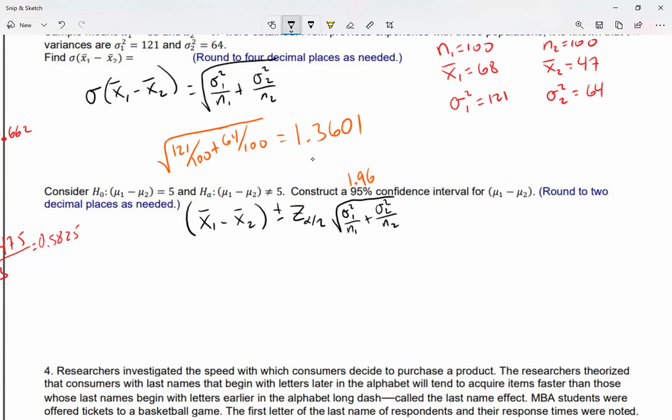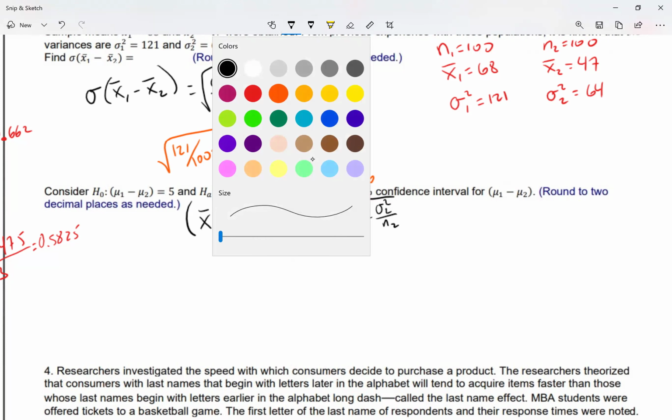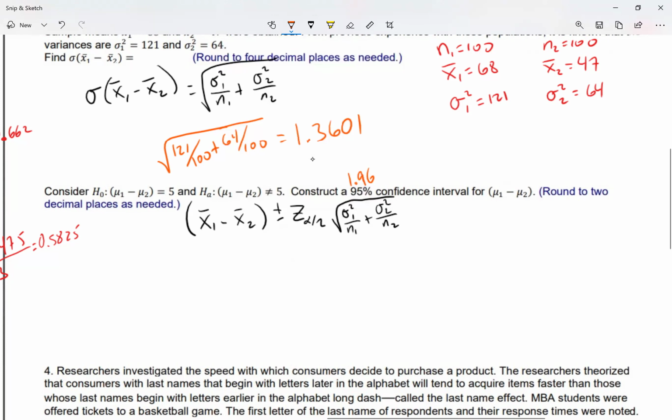So let's see, what do I have here? My first parentheses, let me call this 21, right? 68 minus 47, plus or minus 1.96 times 1.3601.